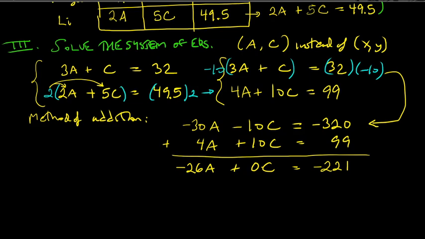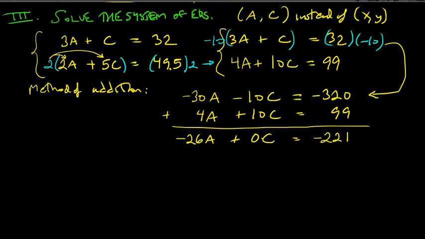Right. So we've eliminated C, and now we can just solve for A, right? We get negative 26 times A is equal to negative 221. So just divide both sides by negative 26.